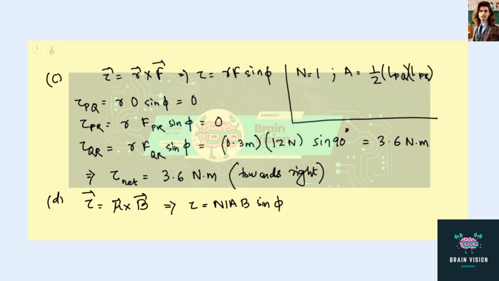The magnetic field is 3 Tesla, and phi is 90 degrees. We use those values here and we get the torque to be 3.6 Newton meter, which agrees with our result from part C.